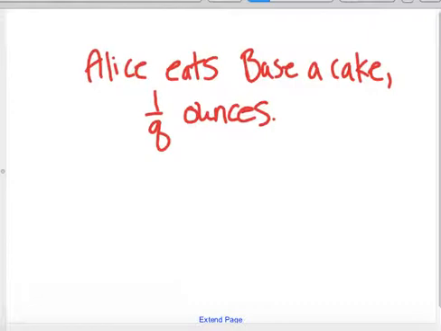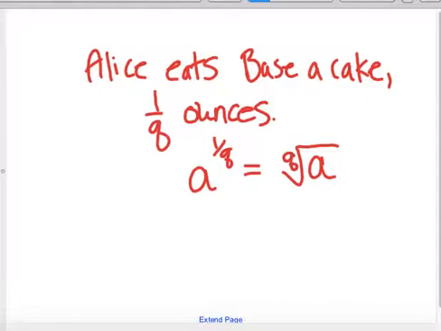So this root is going to be the fractional part of that full ounce. If Alice has 1/q ounces of cake, we know that she would grow by the q-th root of A. So q is our root.